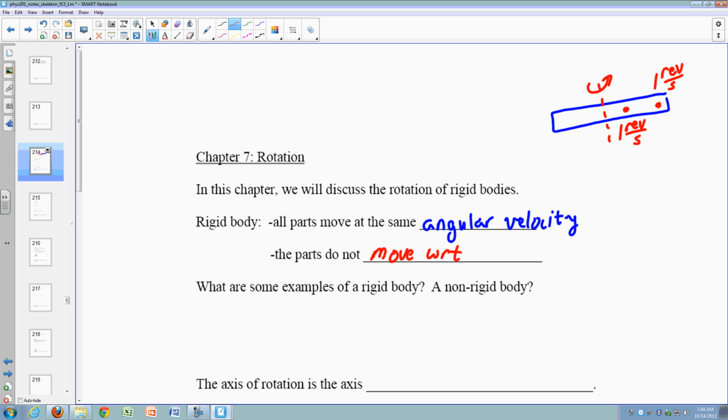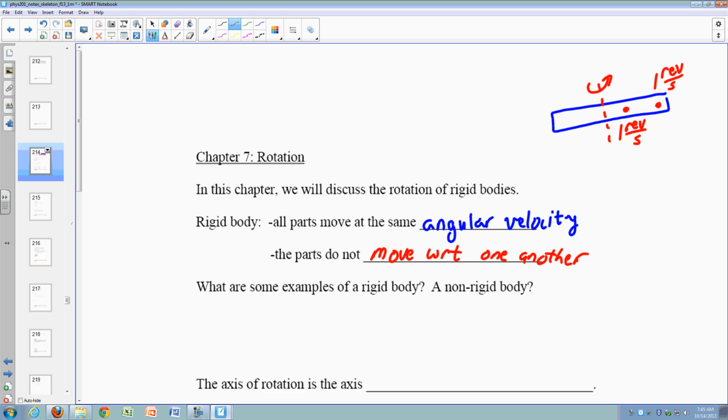You know what that means? WRT, with respect to. Ever seen that abbreviation? It just means with respect to one another. That means that any point on a rigid body, or any 2 points, are going to have a fixed distance. They're not going to move with respect to one another. If I have 2 points on a rigid body, they will be fixed, and they'll always be fixed.